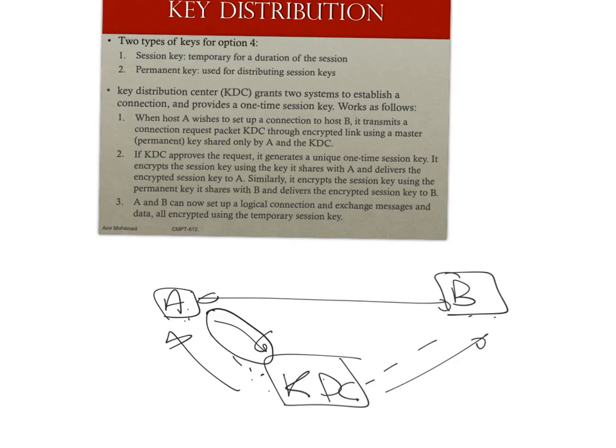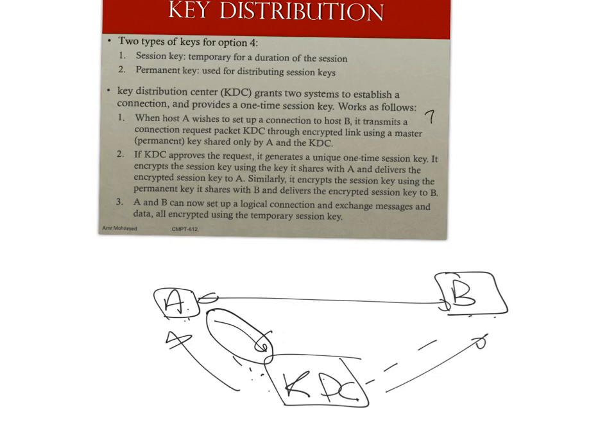The shared key is temporary. And later on, if we want to generate another key, we'll use the permanent key to generate a new key, and so on. Okay?